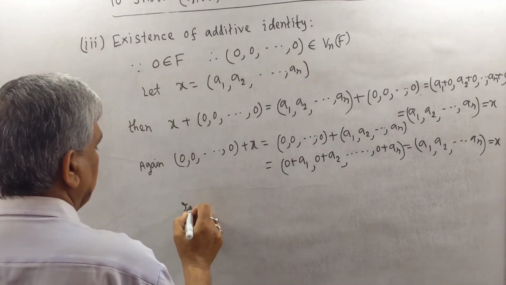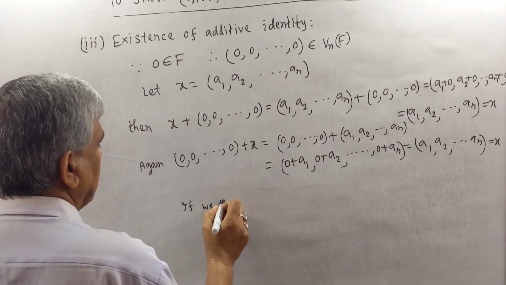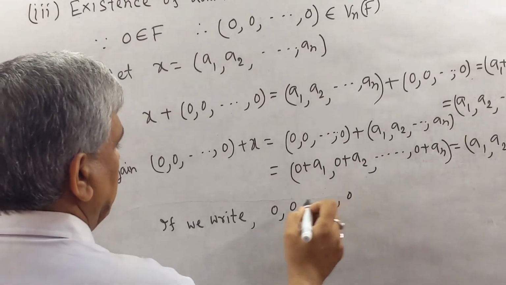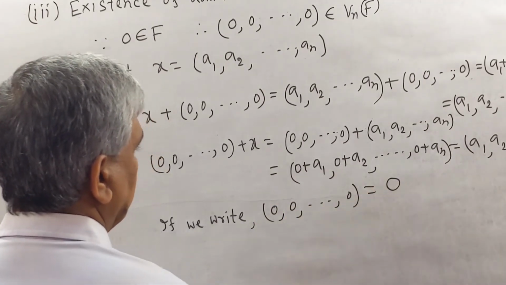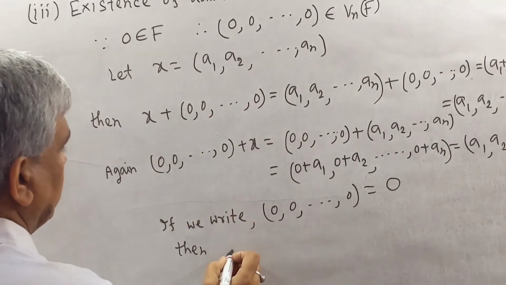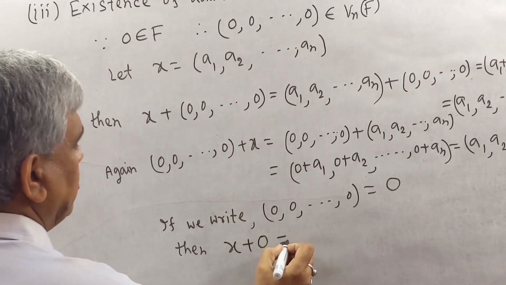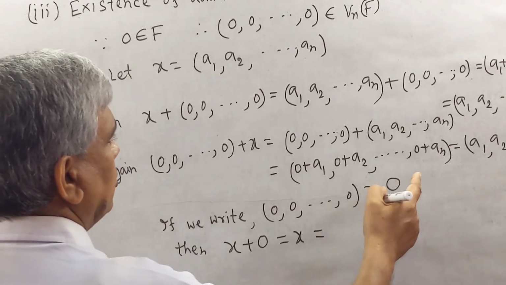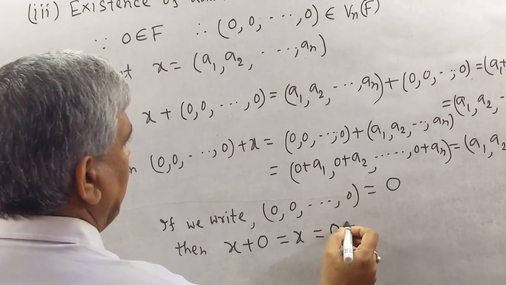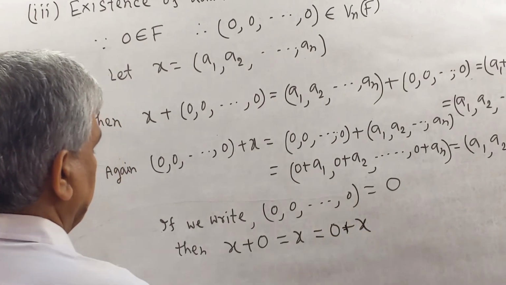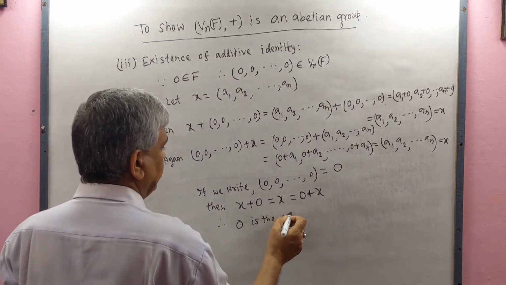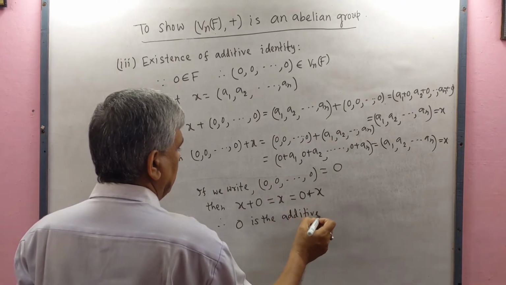If we write (0, 0, ..., 0) equal to capital 0, then x plus capital 0 equal to x equal to capital 0 plus x. Therefore 0 is the additive identity.